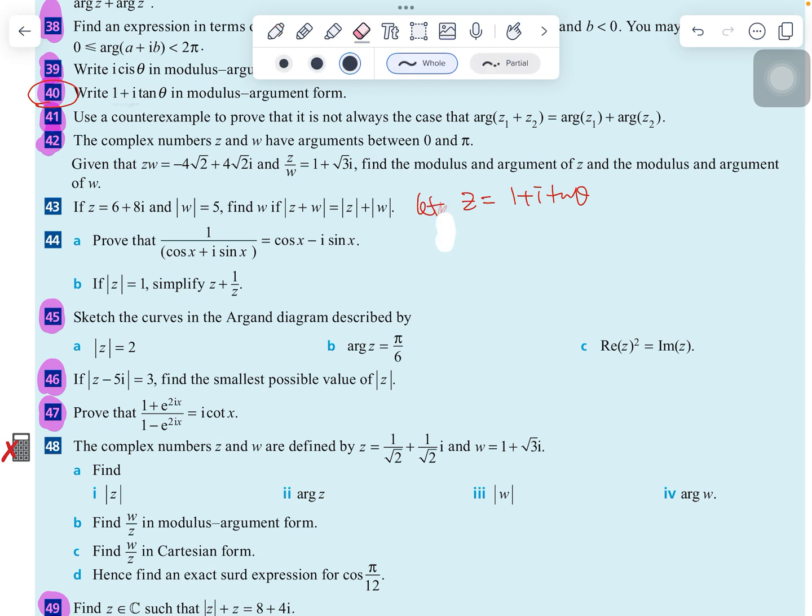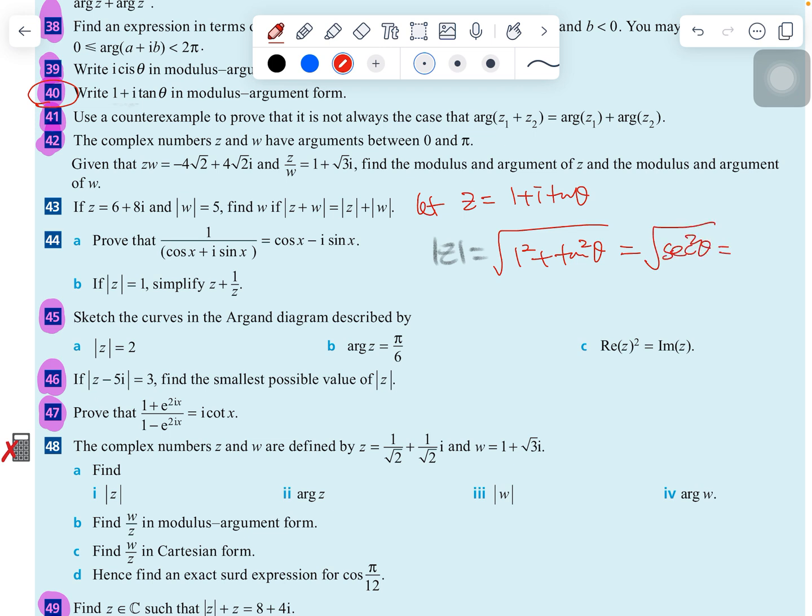So now I want to find the modulus of z, which is the square root of 1 squared plus tangent squared theta, which from the Pythagorean identity becomes secant squared of theta. Because this is squared in the square root, this can be only secant theta. But just in case, secant theta can be a negative value, so let's put the modulus sign around the secant theta.